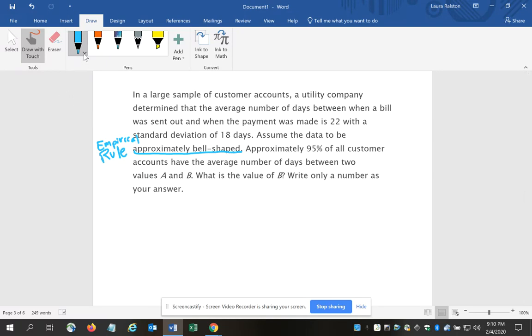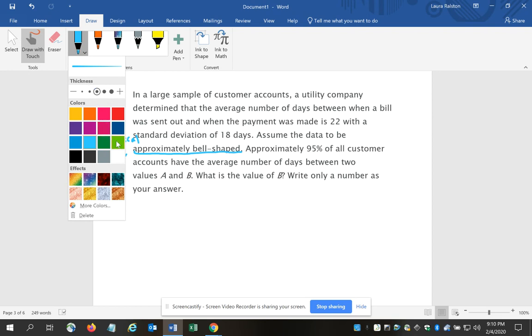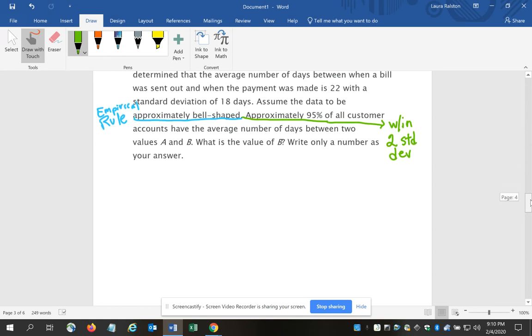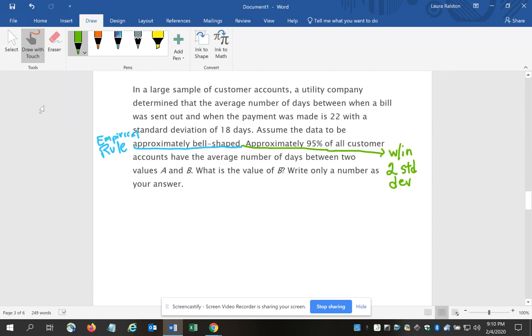The second thing I notice is it says approximately 95%, and so I have to think about the empirical rule. 95% says that I'm within two standard deviations of the mean. And I'm told the mean is 22 in the problem and the standard deviation is 18.